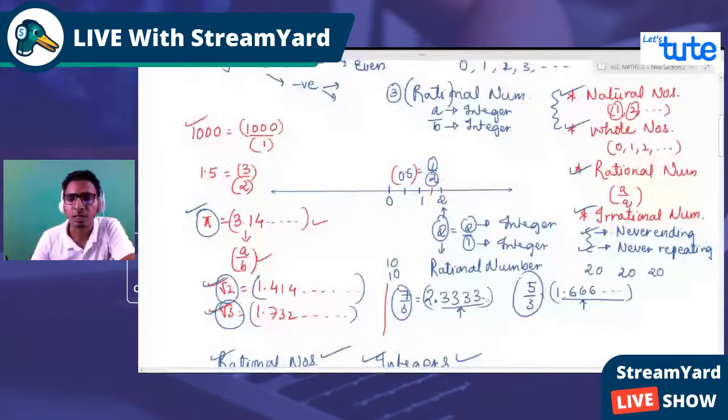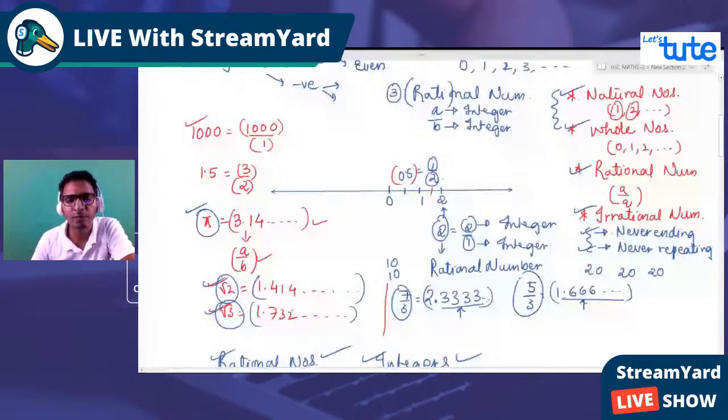Because in the examples where they are never ending but repeating, they can be represented by a fraction of two integers, so even in that case they are rational numbers. We have seen that 2.333 is a rational number, and 1.6666 is also a rational number. But these other numbers are never ending and never repeating. Therefore they are called irrational numbers.